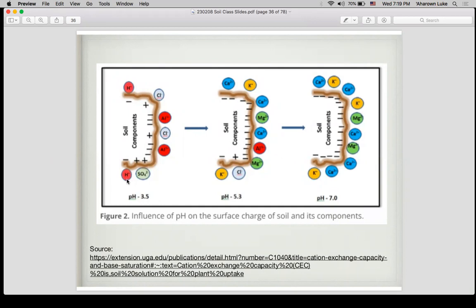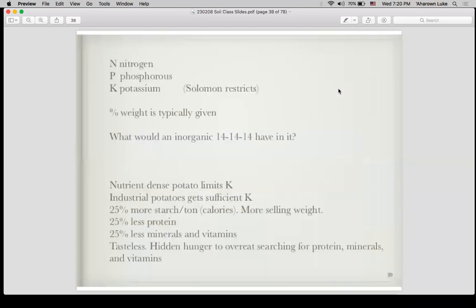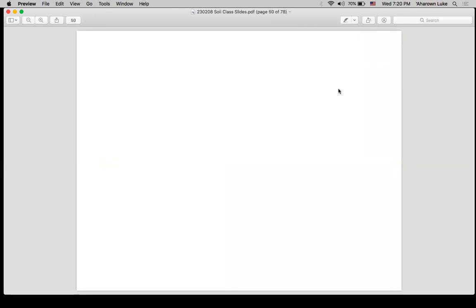What you really need to do is be up here at like 6.5 pH, and then you also need to have a balance of these cations in addition to really open up your soil. So it's more complex than just pH, but pH is the inverse of the hydrogen activity. I'm learning this as I go here.